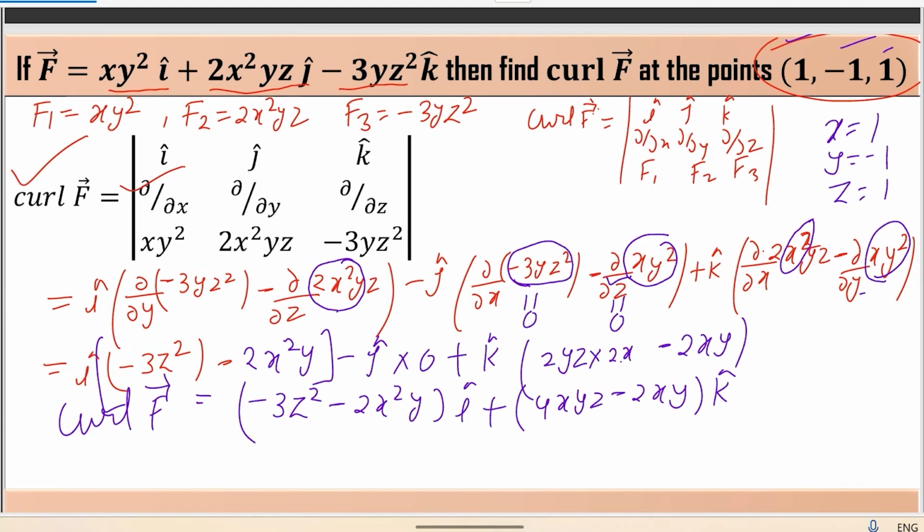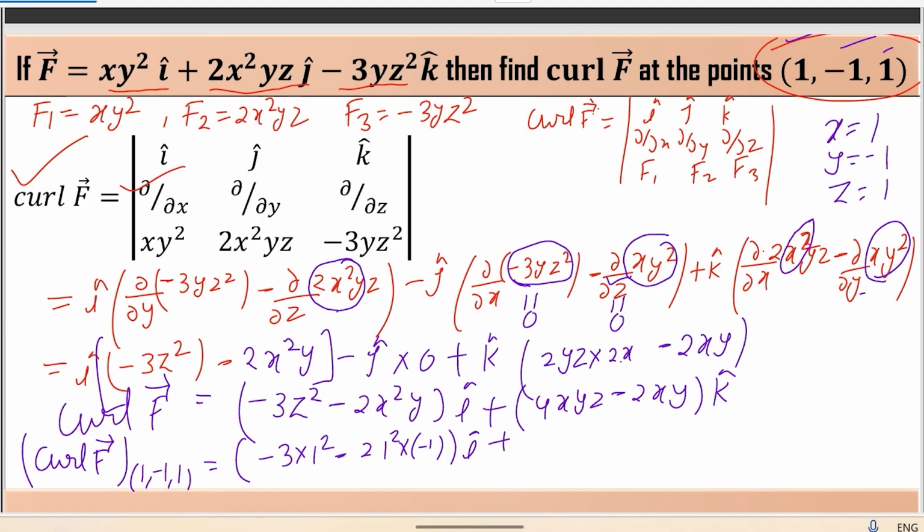So, here curl of this vector f at the point 1, minus 1, 1 is minus 3 z square, that means 1 square, minus 2 times 1 square multiplied with minus 1, of i cap, plus 4 times of 1 into minus 1 into 1, minus 2 times of 1 into minus 1 of k cap.